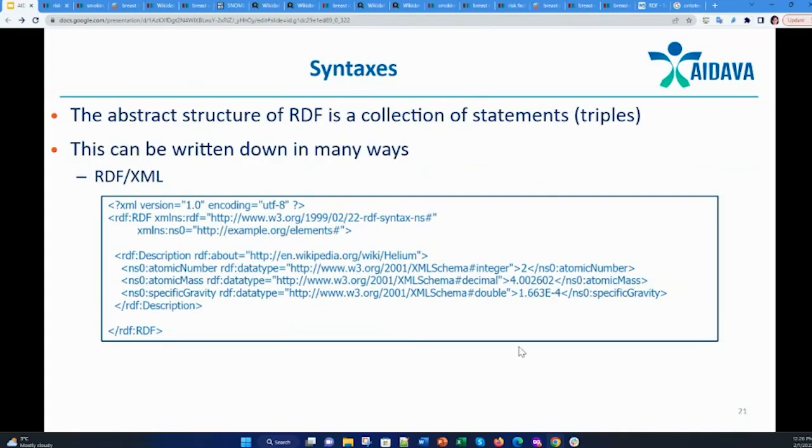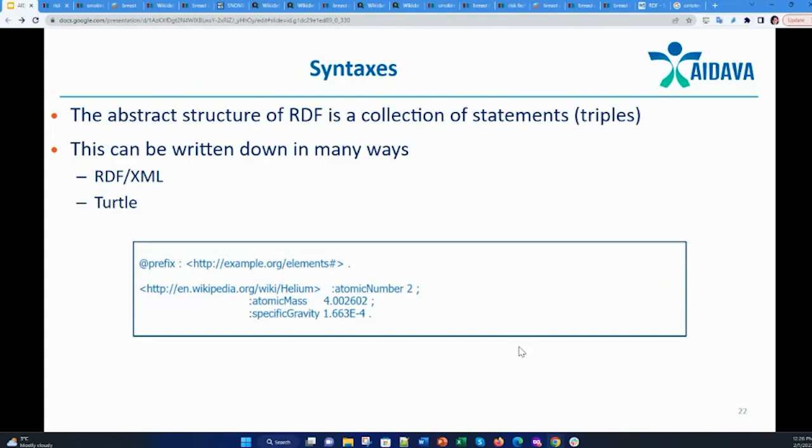Different formats are also used, like Turtle, which is more compressed, but still human readable.